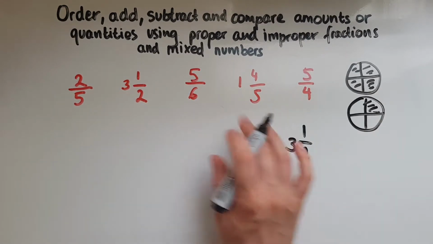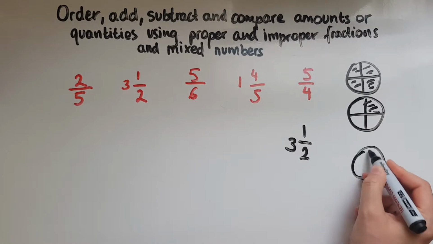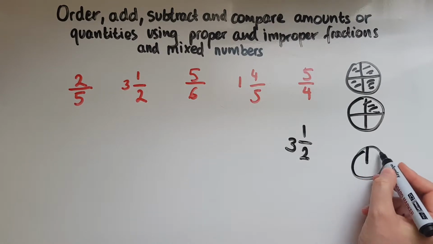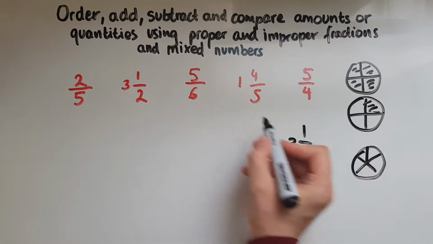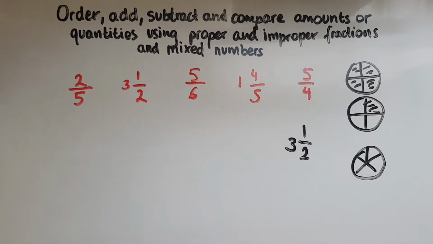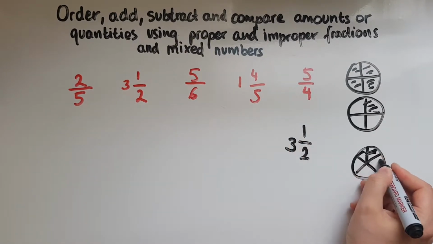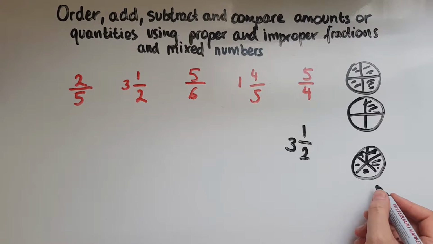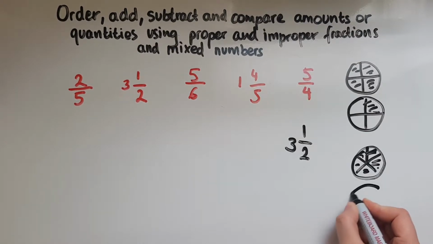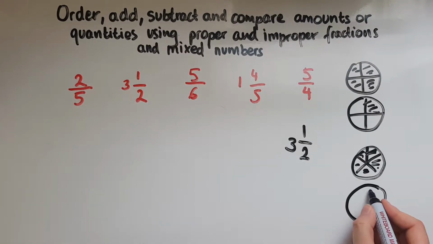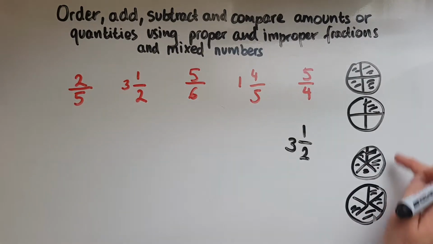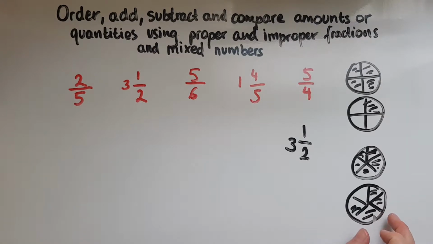And if I try and represent this, so there is a whole, I'll do it out of 5 because this is what the fraction is telling me. So a whole, so 5/5 and 4/5. So if you try and compare this with that, as you can see, most of this is highlighted.